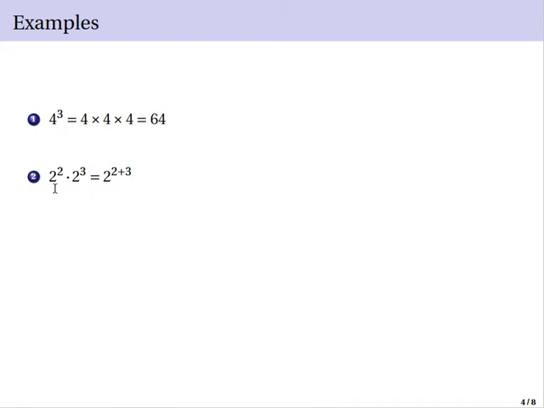And you are multiplying these two exponential expressions. So all we need to do is to add the exponents, okay? And use the same base. So here, 2 to the 2 times 2 to the 3 is equal to 2 to the power 2 plus 3. Or simply, this is 2 to the 5. And if we calculate this, this is equal to 32.